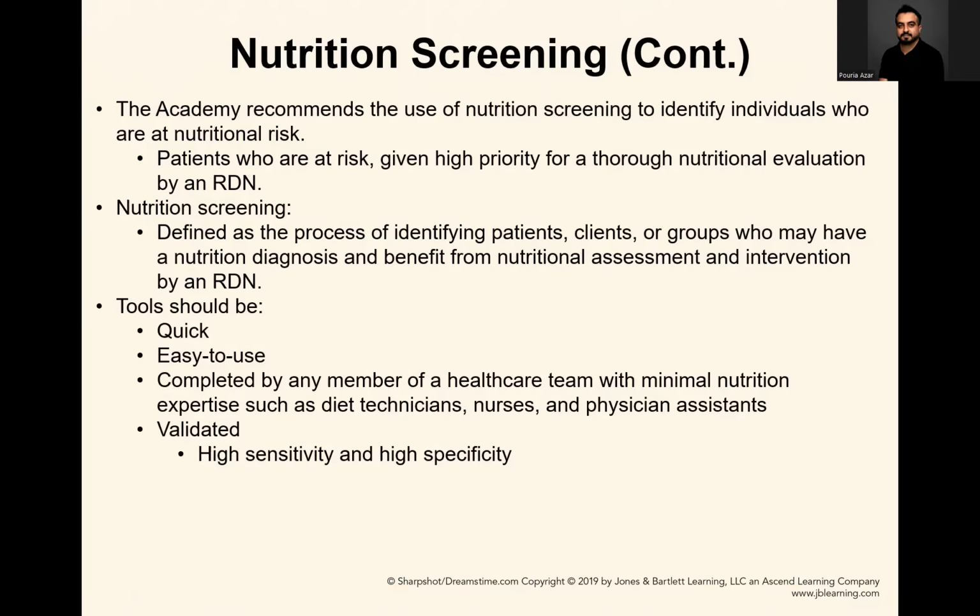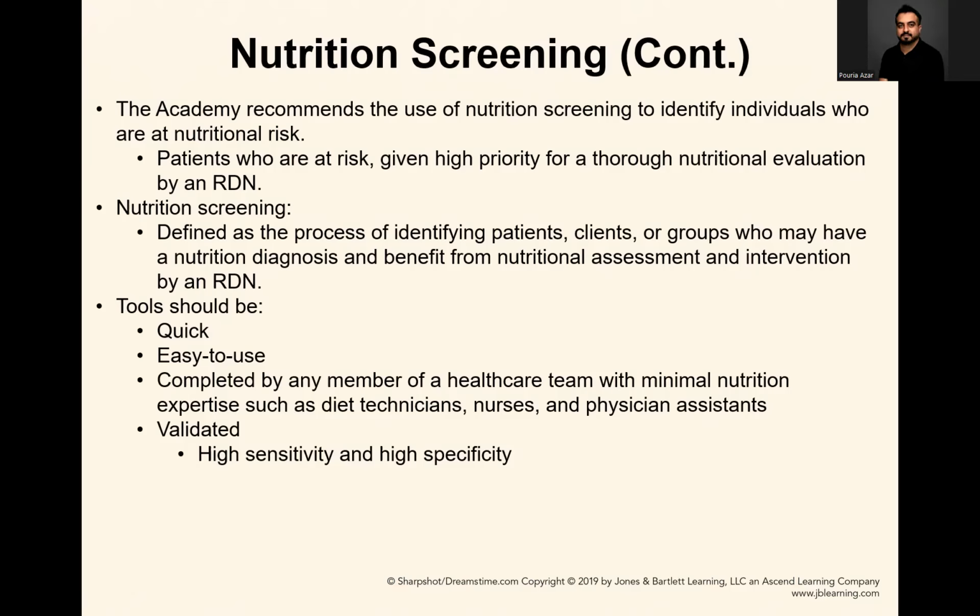So we have different tools, but all of those tools should be quick, easy to use, and completed by any member of a healthcare team with minimal nutrition expertise, such as diet technicians, nurses, and physician assistants.